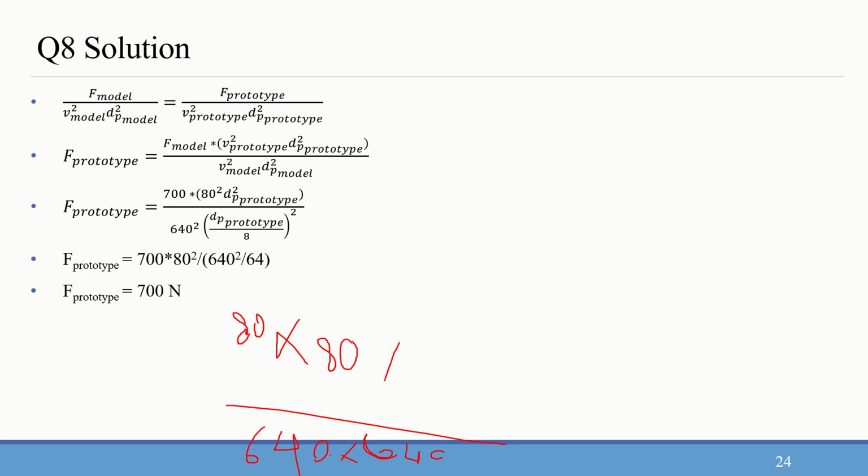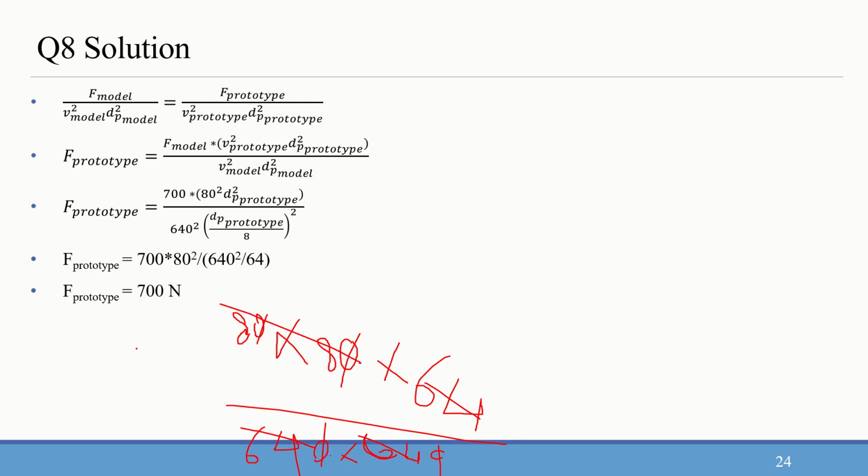So what happens? 8, 1, 0 and 2, 0. Again we can cancel these 0s. So 64, 64 gets cancelled, and 8 eights are 64, and that 64 also gets cancelled. So apart from 700, everything else gets cancelled. So F prototype is also equal to 700 Newton.